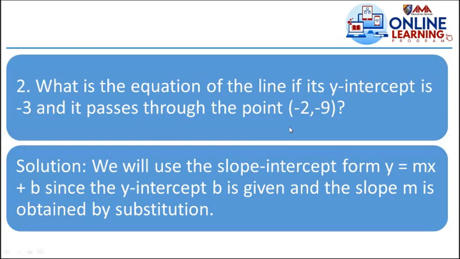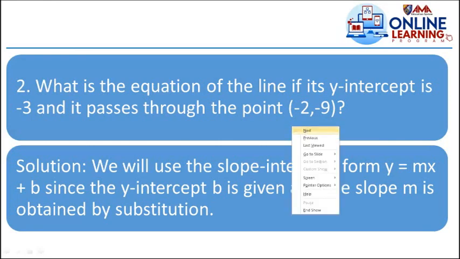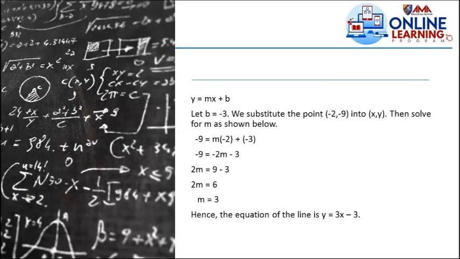We will use the slope-intercept form y is equal to mx plus b. So since the y-intercept b is given, the slope m is obtained by substitution. Okay? So we're going to use the formula y is equal to mx plus b. So this is now our formula.